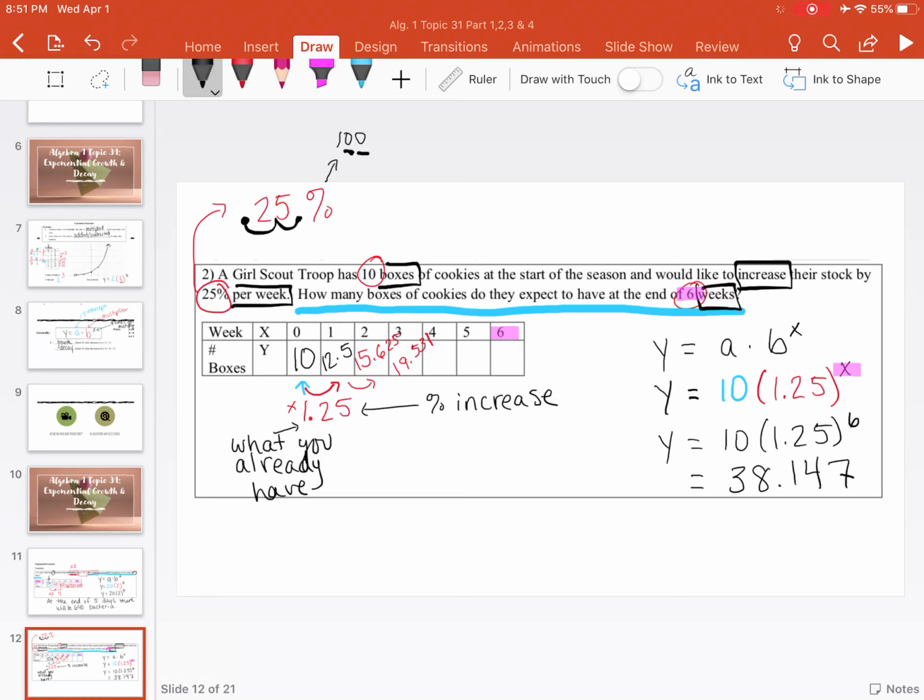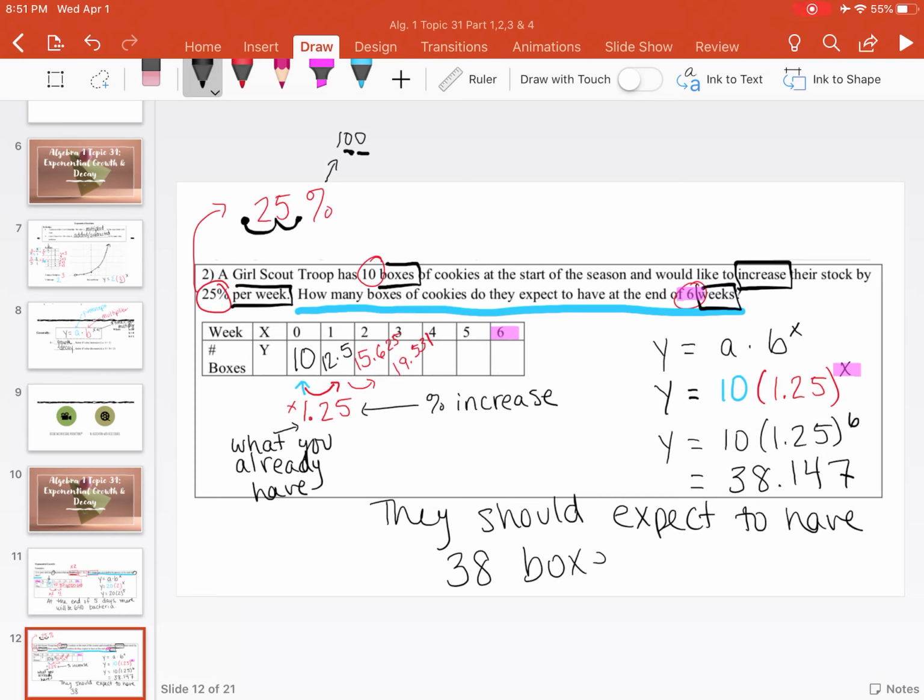Now, can we have a portion of a box of cookies? No. So they should expect to have 38 boxes of cookies. Yum, yum, yum.